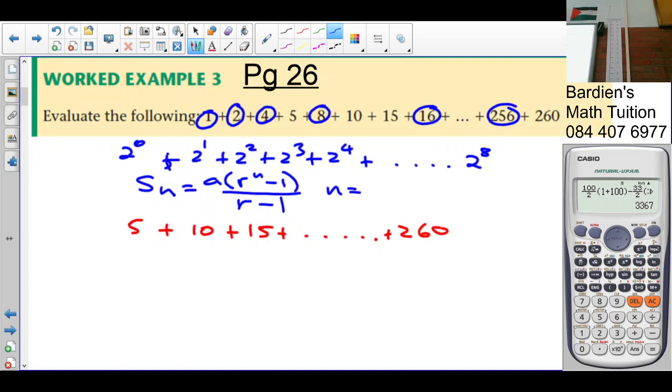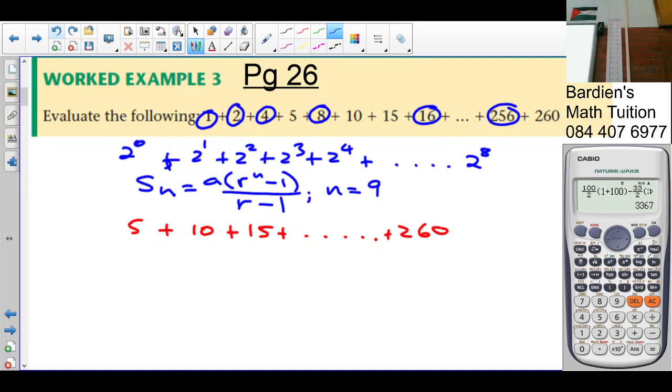If this is term 1, term 2, term 3, term 4, term 5, so what term would that be? If this is term 1, term 2, term 3, so what is it? 1 more. So that's going to be term 9. There will be 9 terms here.